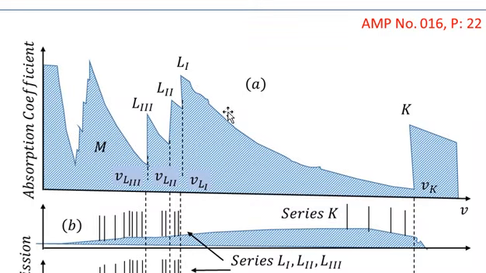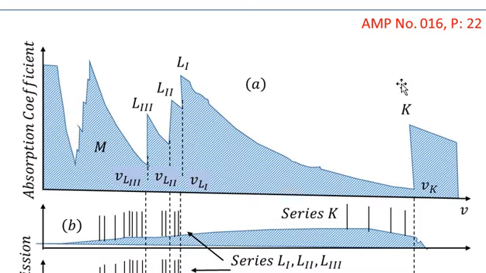And similarly for the absorption coefficient, the plot of the absorption coefficient versus the frequency nu of the spectrum, I have also shown the K edge. So these are the edges, and these edges correspond to the energy required to ionize an electron from the K shell.